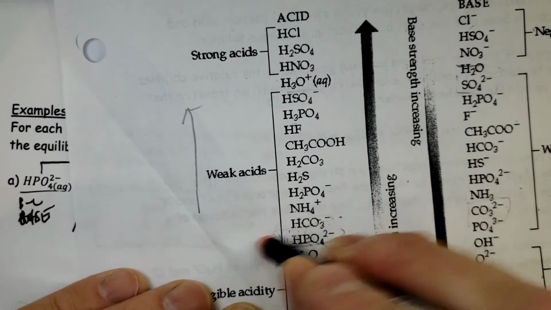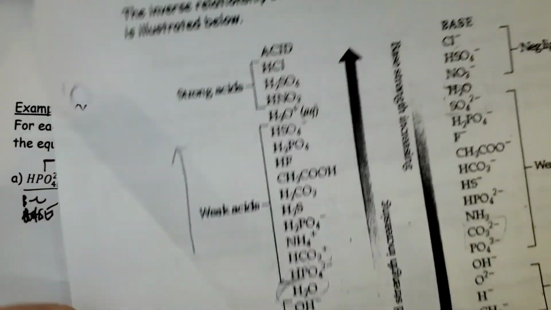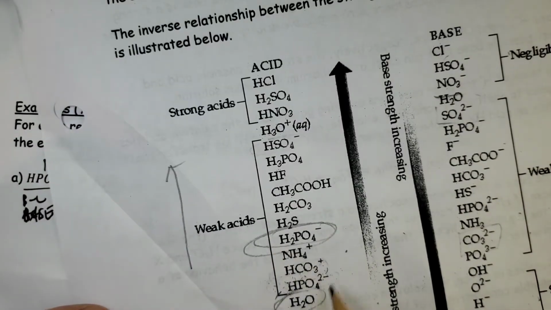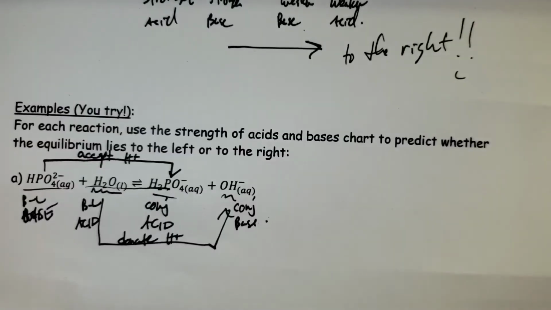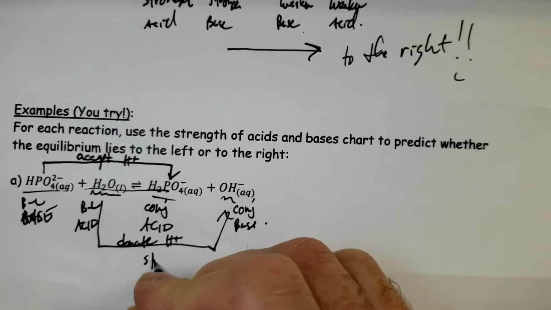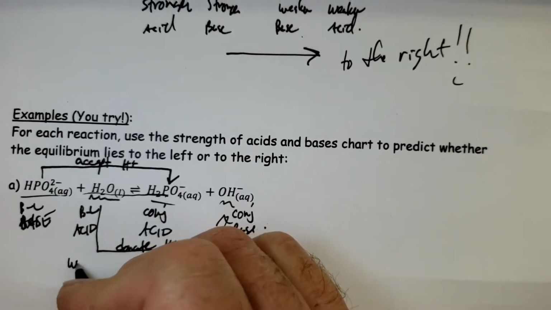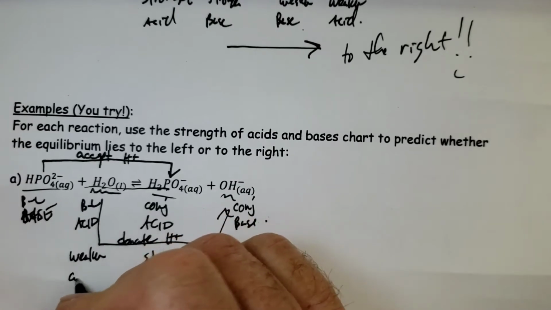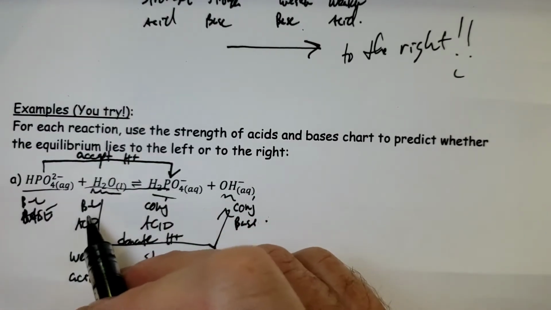I needed to look up the acid. So the acids are H2O and H2PO4. There's H2PO4 right there. So water, H2PO4, so you can see H2PO4 is the stronger acid, and water the weaker acid.